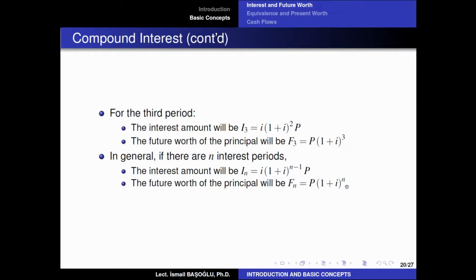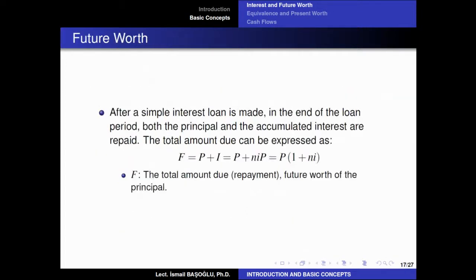Now, unlike the simple interest calculation. Remember, in the simple interest calculation, if we go back to previous slides, the future worth was a linear function of the number of interest periods.